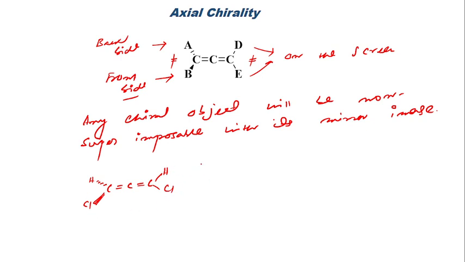If I take a mirror image, let's say this mirror is perpendicular to the screen. As a result, what will this image have? These are H, Cl, and this is H, and this is Cl. Let's say one is the molecule and two is the mirror image.